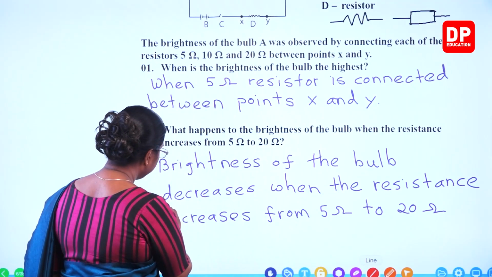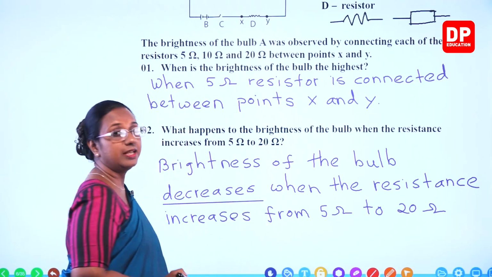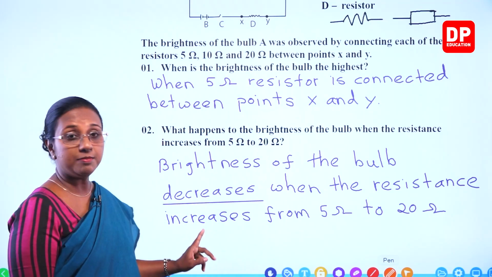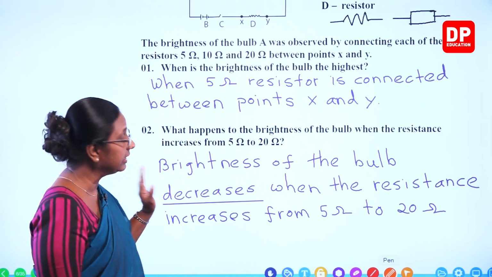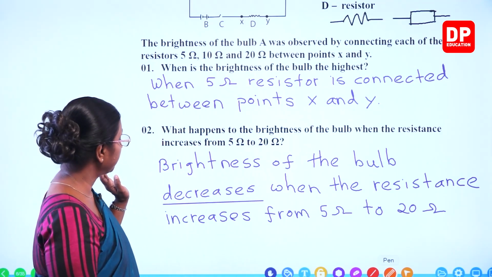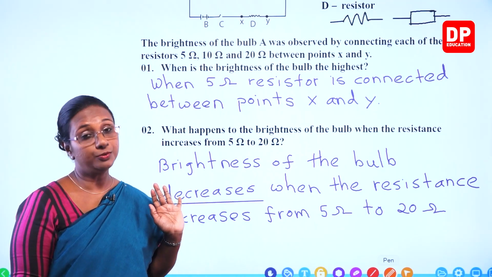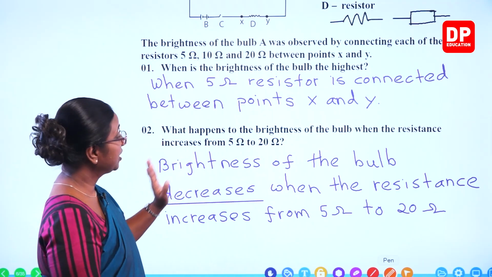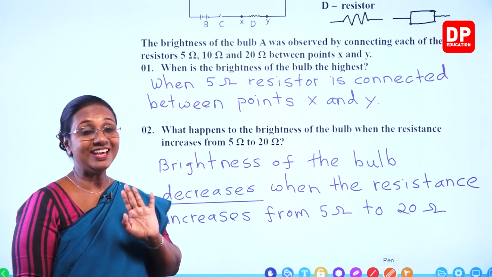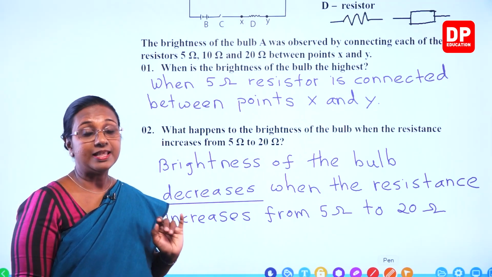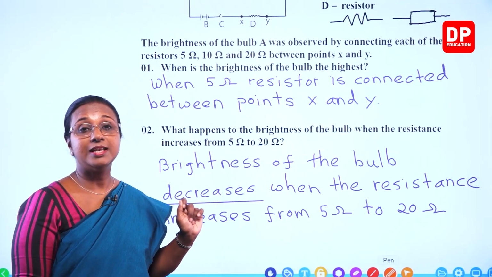So, here the important answer is this, decreases. So, brightness of the bulb decreases, but I have given a complete answer. Brightness of the bulb decreases when the resistance increases from 5 ohm to 20 ohm. I'm sure you all can understand this activity and the related questions clearly. So, with that, students, we'll move on to the next slide.